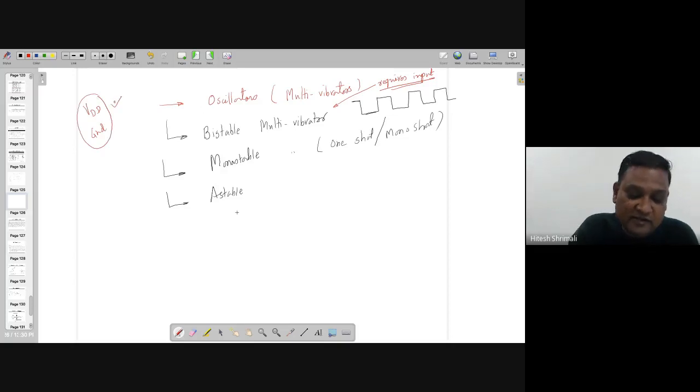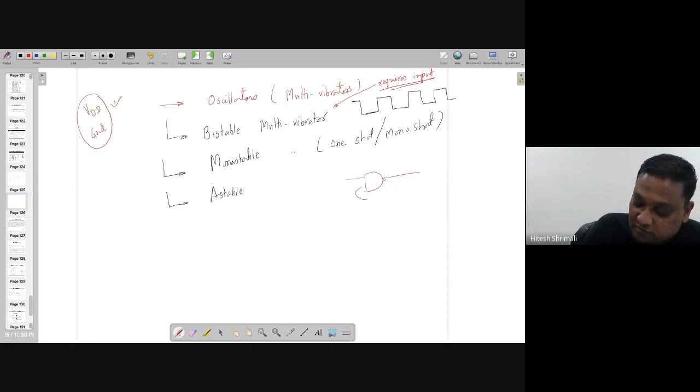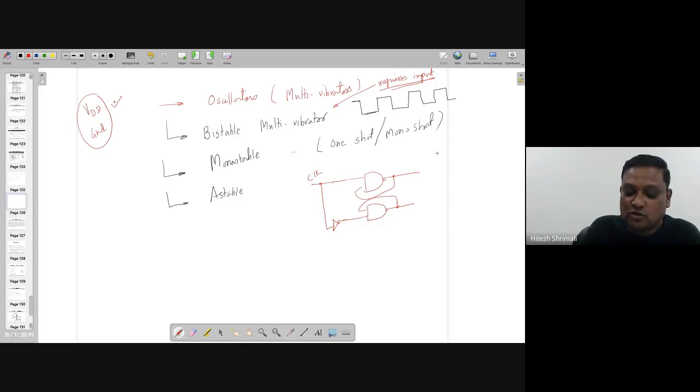But this circuit requires some input, like the non-overlapping clock, which we have done very recently. This is also a bistable multivibrator, where there is an input, which is clock, right?